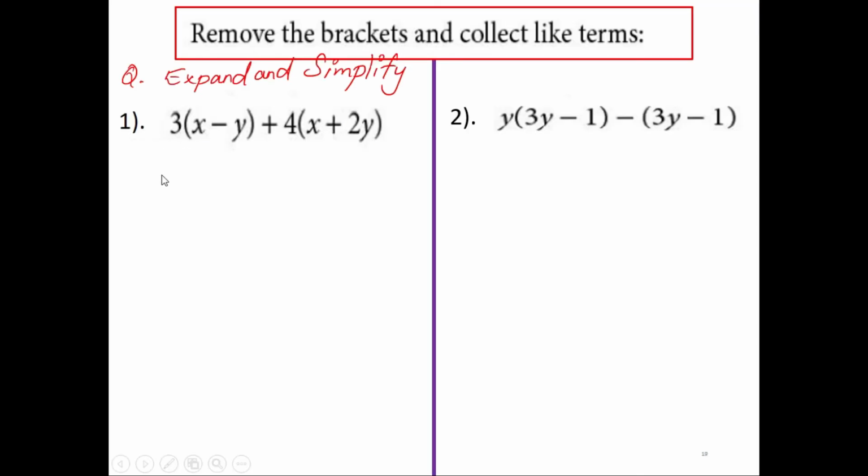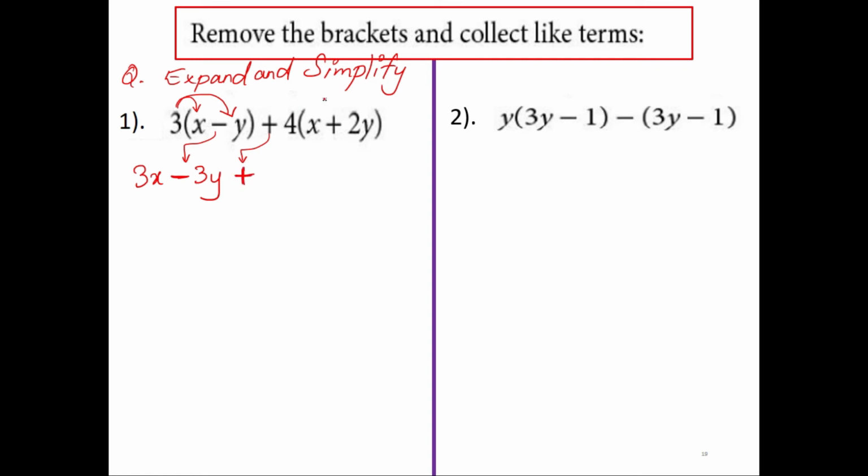Now the question usually says expand and simplify. Starting with 3 here, 3 getting multiplied by x, so 3x. Put the same sign in the middle, which is a minus. 3 getting multiplied by y now, so it's a 3y. The same sign drops down, which is a plus.